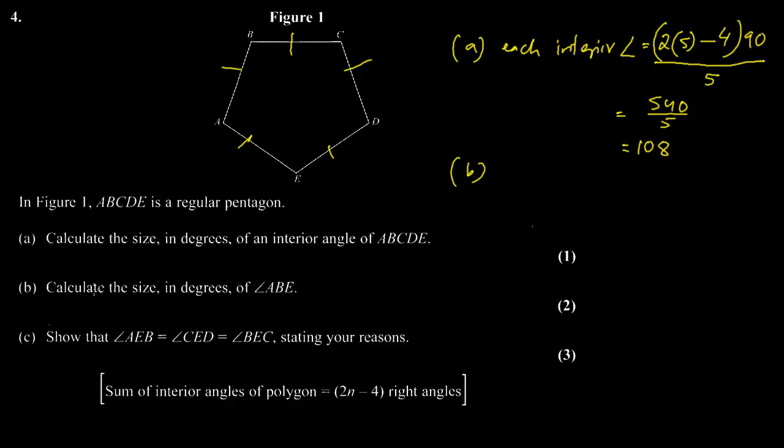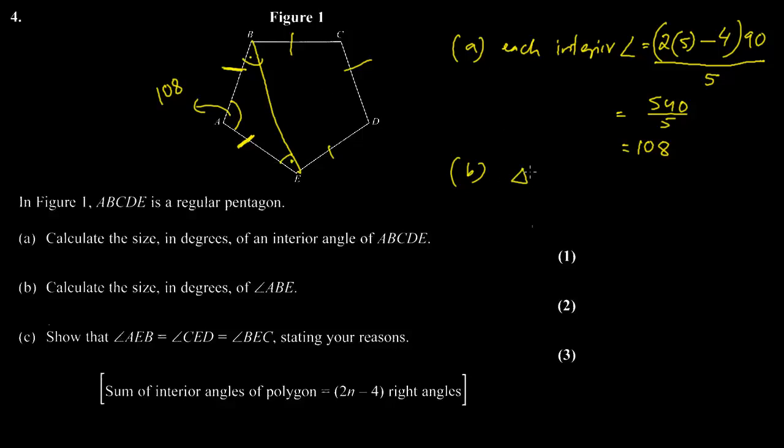Question number B, calculate the size of angle ABE. So this is ABE. Now you know this is equal to this because it's a regular pentagon. So it's an isosceles triangle, and we know each of the angles is 108 degrees. That makes the base angles equal because it's an isosceles triangle.